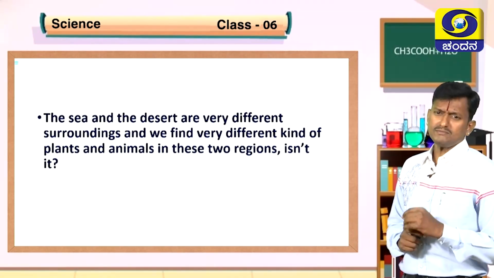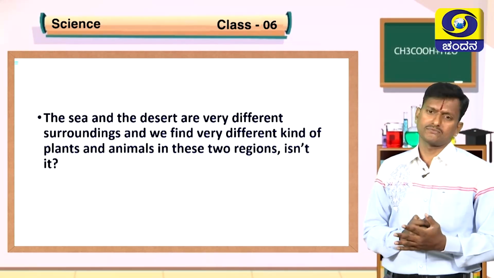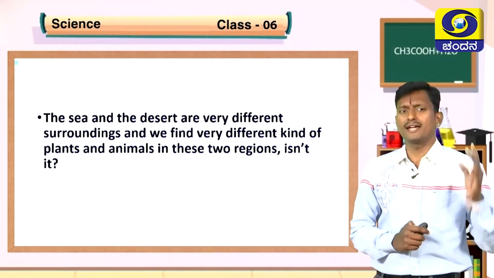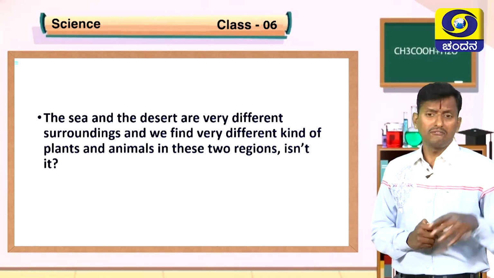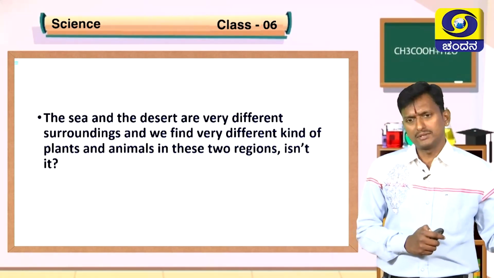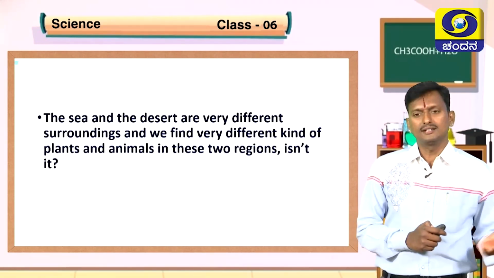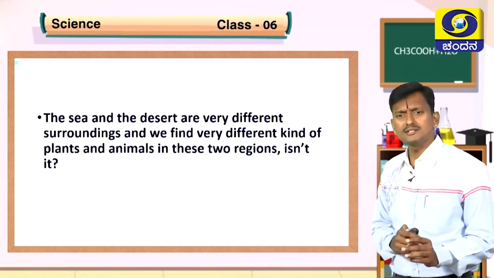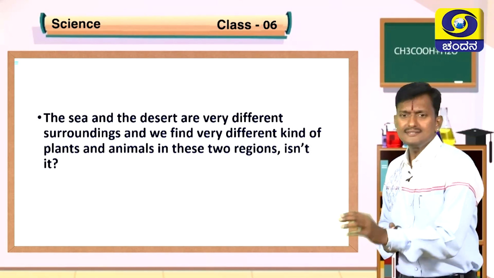Now, the sea and the desert are very different surroundings. We find very different kinds of plants and animals in these two regions, isn't it? We find camels, some types of rats, and cactus in the desert region. We find varieties of fishes, whales, dolphins and different types of plants in the sea.